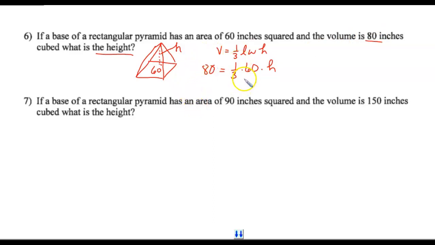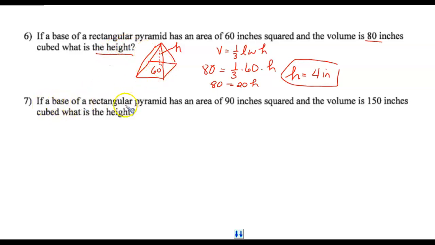So let's find out what this is. If I take 1/3 of 60, I get 20. And if I divide both sides by 20, I know that the height is 4. So the height of my pyramid is 4 inches. Sometimes they give us information, we just got to work backwards to find the missing part.